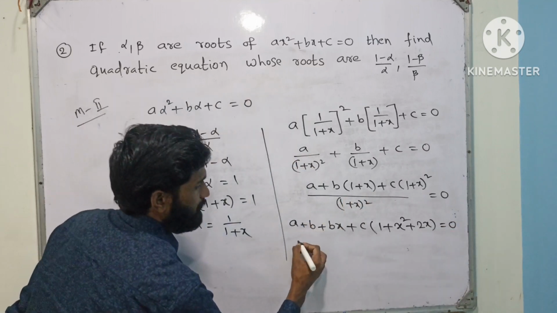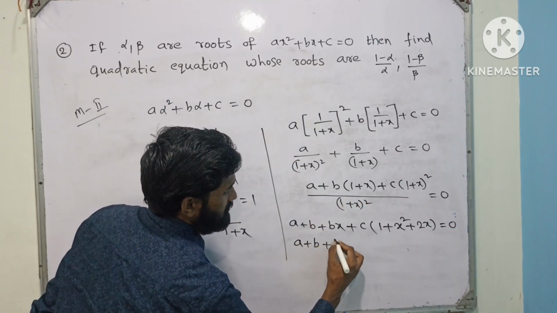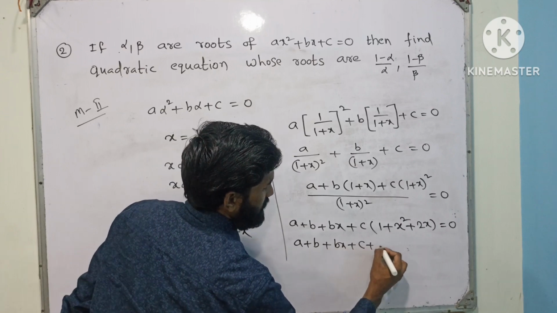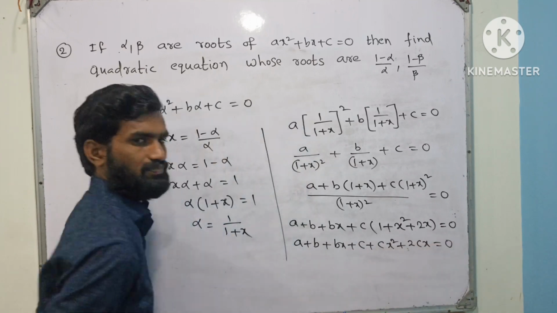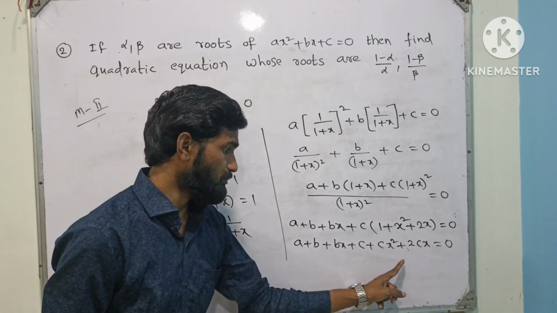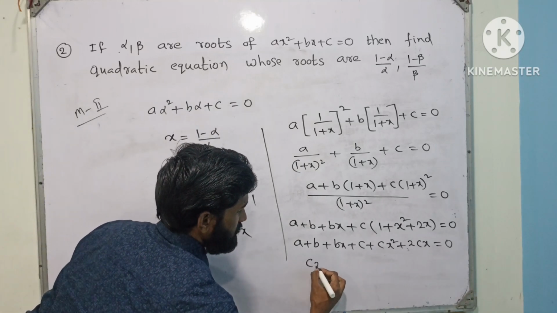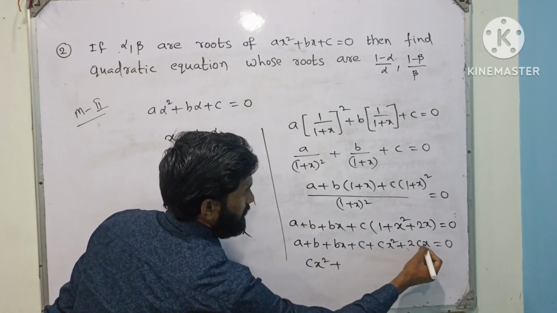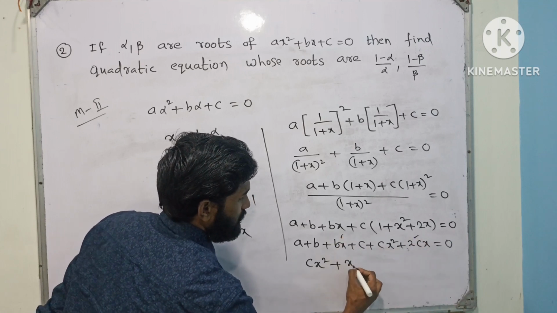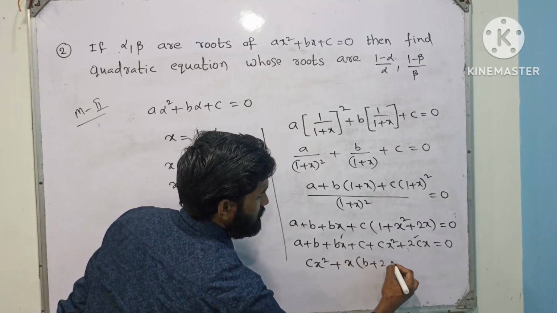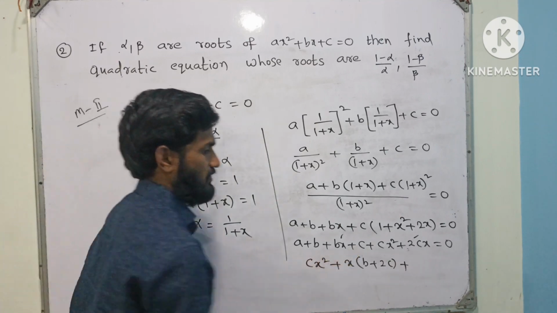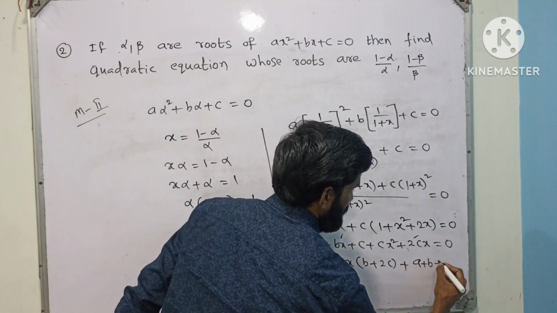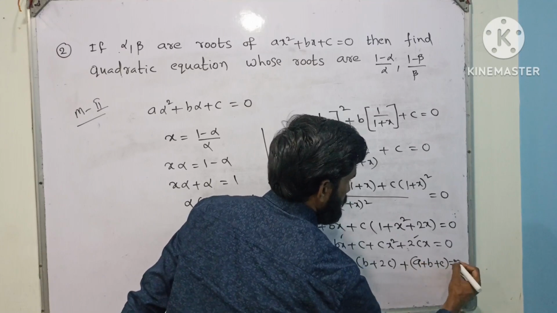Now again if you multiply inside: a plus bx plus cx square plus 2cx equals 0. Now simply rearrange this one: cx square plus, in these two we have x, so if I take x common, (b plus 2c) x, plus the constant term a plus b plus c, which is nothing but a plus b plus c equals 0.